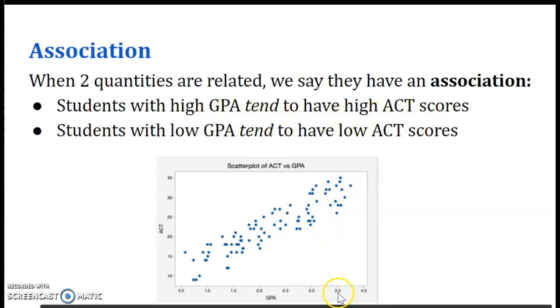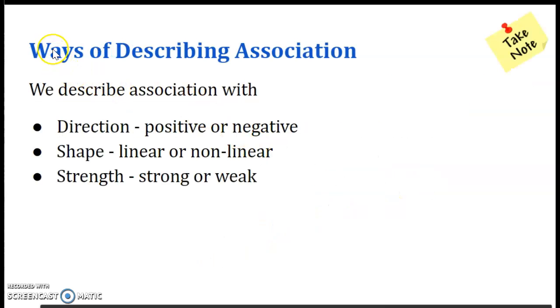That's what we notice. If students had high GPA, they also scored high because this is the cluster of students with high GPAs. And students with low GPA tend to have low ACT score. Okay, it's represented here.